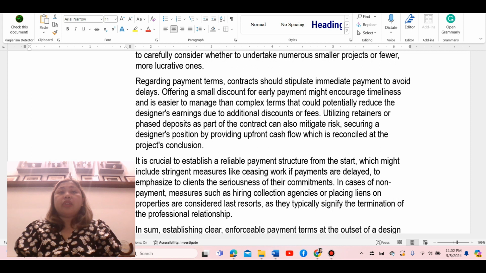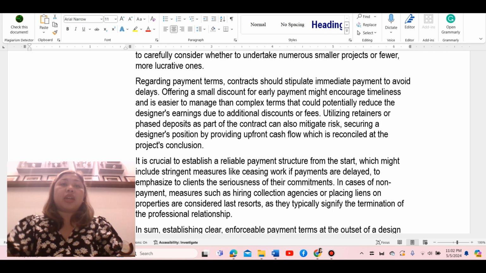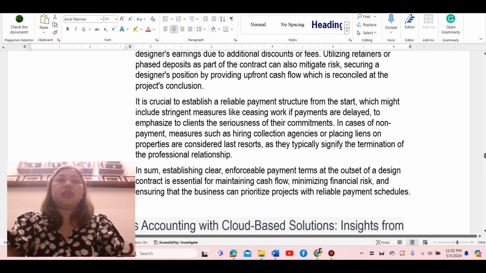Utilizing retainers or deposits as part of the contract can also mitigate risk, securing a designer's position by providing upfront cash flow, which is reconciled at the project's conclusion.